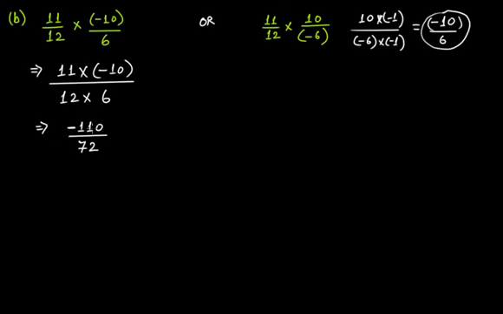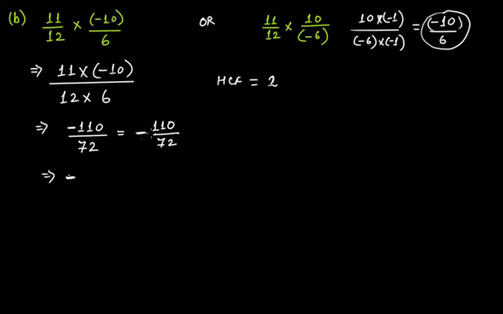Now, the highest common factor of 110 and 72 is 2, right? So we divide, and keep this minus sign here, because you can write this number, as we have learned, with the minus sign in the middle, and simply write it like this.